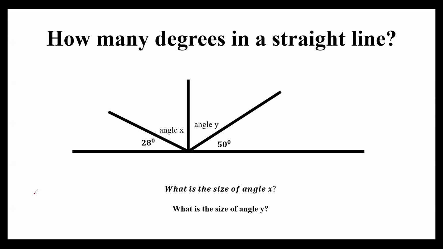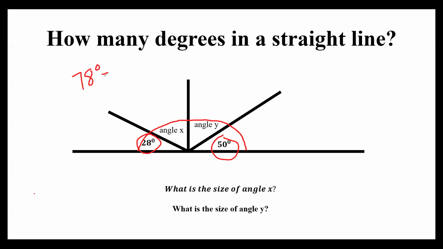So, we once again have 4 angles on a straight line. So we know all of them must add up to 180, right? Now, we can't use the approach we used last time, because what we did last time was 50 degrees plus 28 degrees. Well, that gives us 78 degrees.